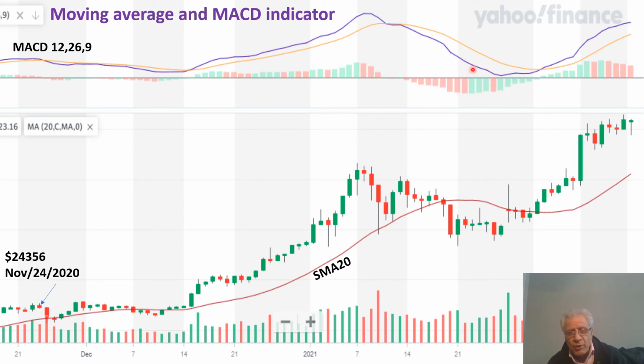So we could enter the market right around here, and after that it continued going upward all the way. So the MACD indicator tells us that we made a good decision, and the moving average tells us that we made a good decision. So price action, MACD indicator, and moving average were all in line.